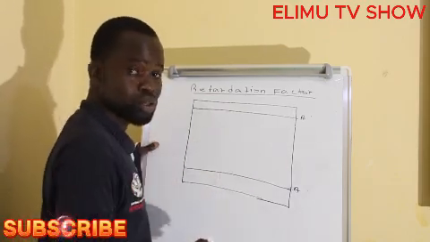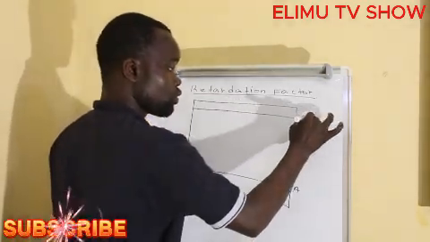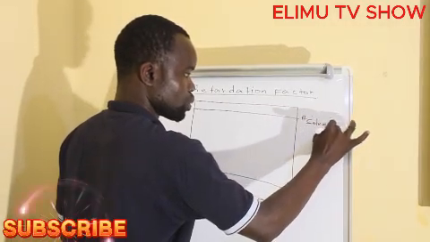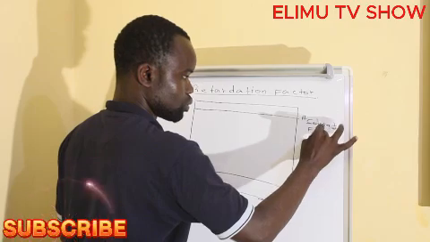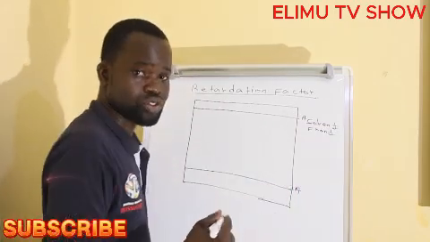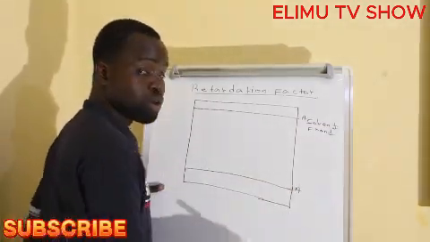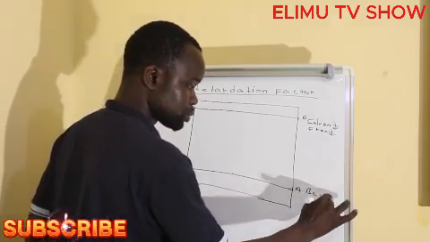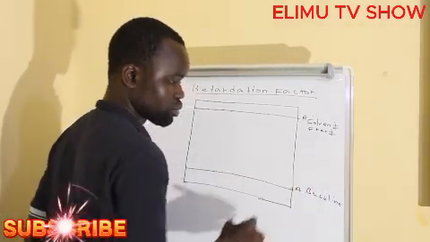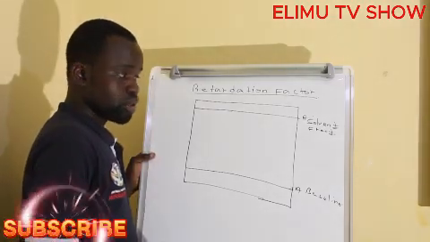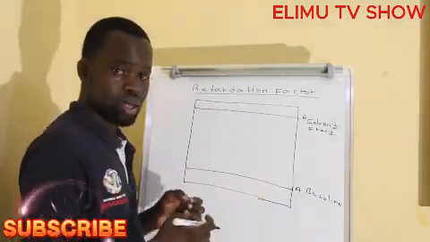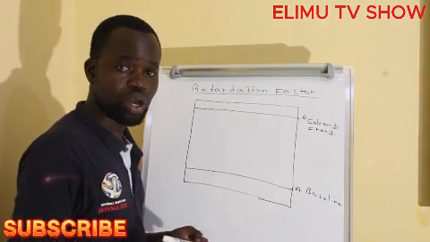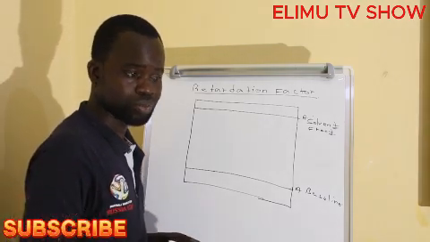So the upper line is always known as the solvent front, and the lower line is always known as the baseline. The solvent front is the highest distance where the solvent reaches.